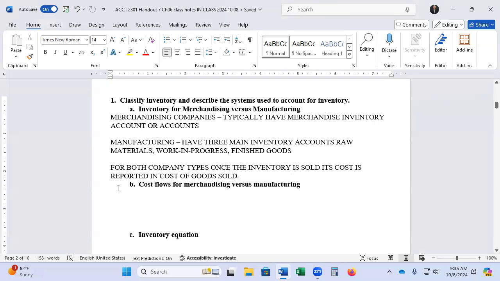So in the cost flows for merchandising, you have your merchandise inventory.